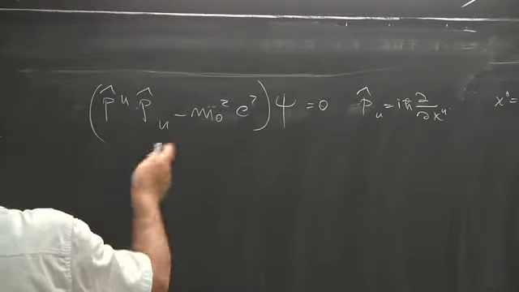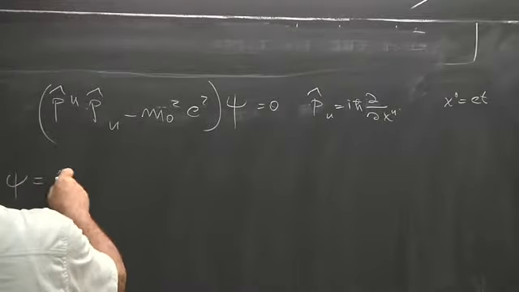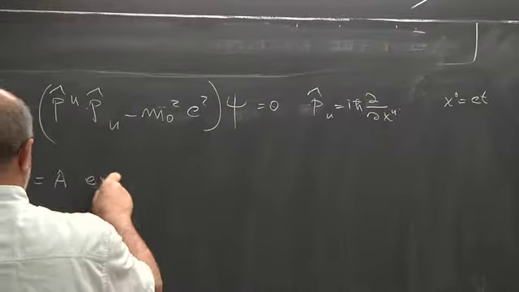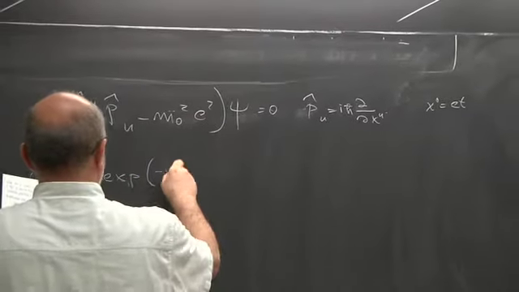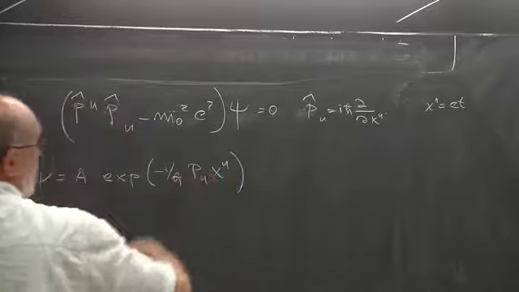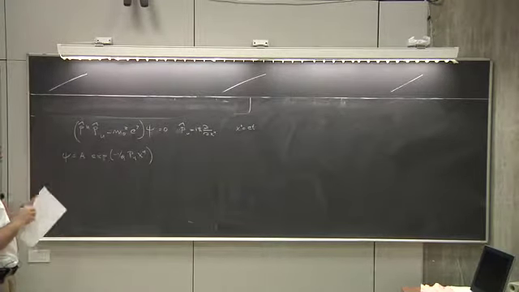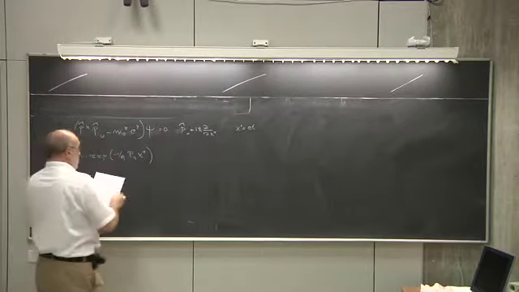Now, we have seen that psi is some normalizing factor times exponential of minus i over h bar p mu x mu, and we use the Einstein convention that when the two indices are repeated, it means sum.